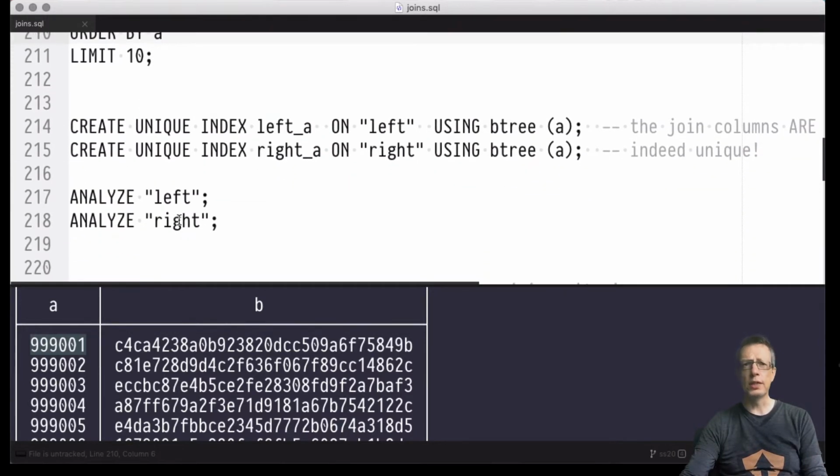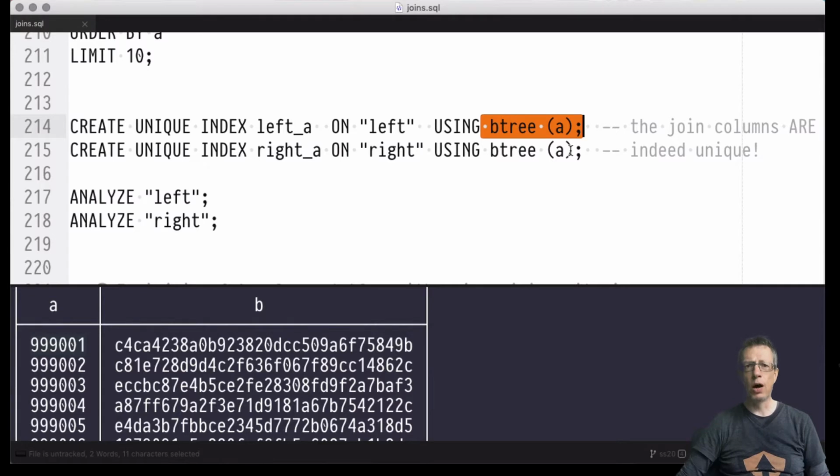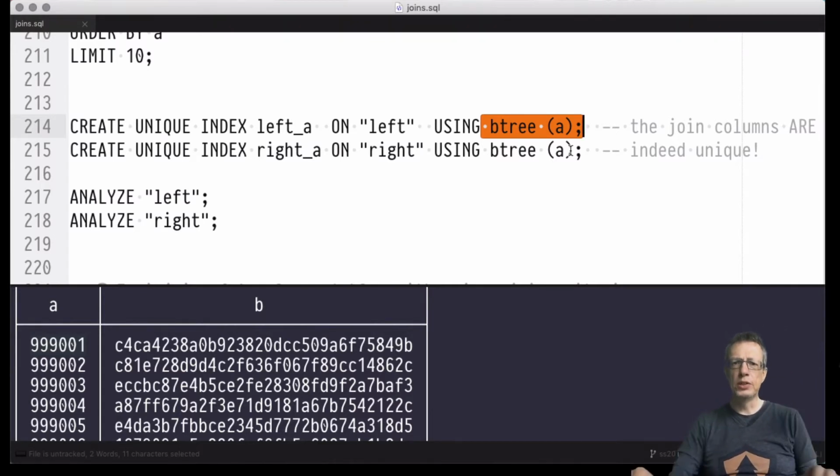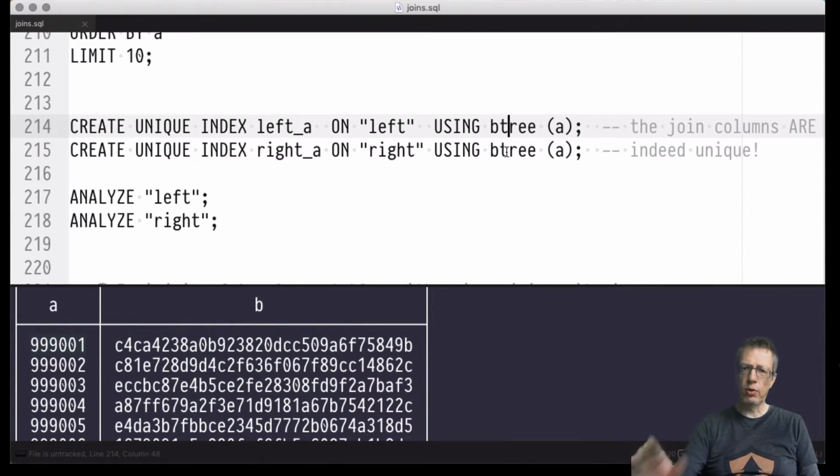I've already created indices on the left and right tables. Both indices are defined on the A columns. The A columns will be our join criterion. These are perfectly suited B-trees that should be exploitable by merge join. They will deliver rows in the interesting A order, which is exactly the sorting order that we will need to employ merge join.